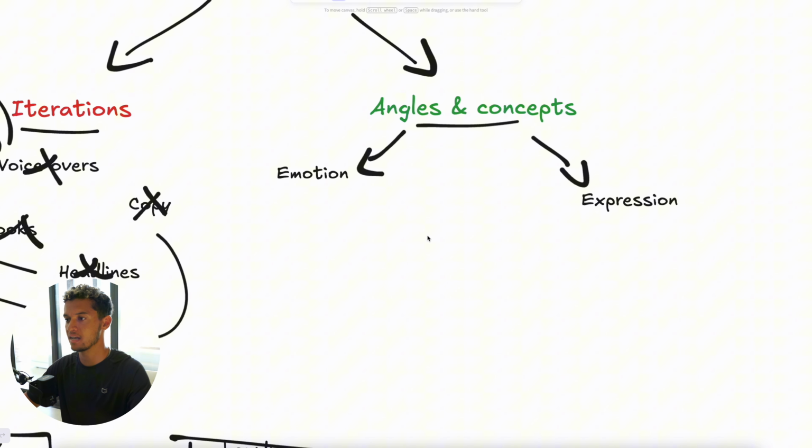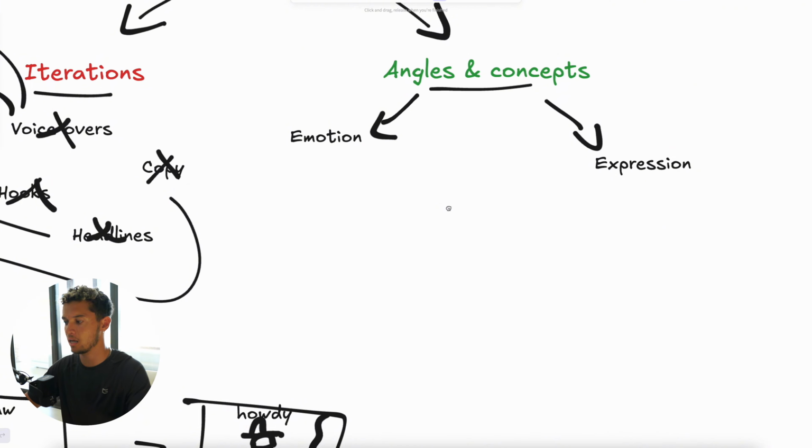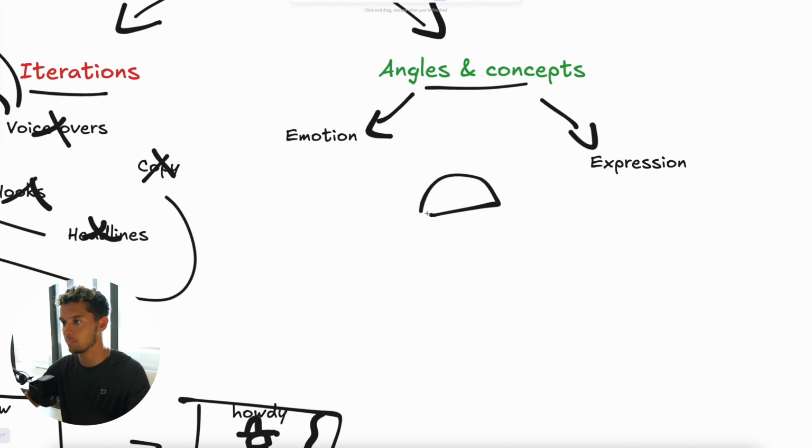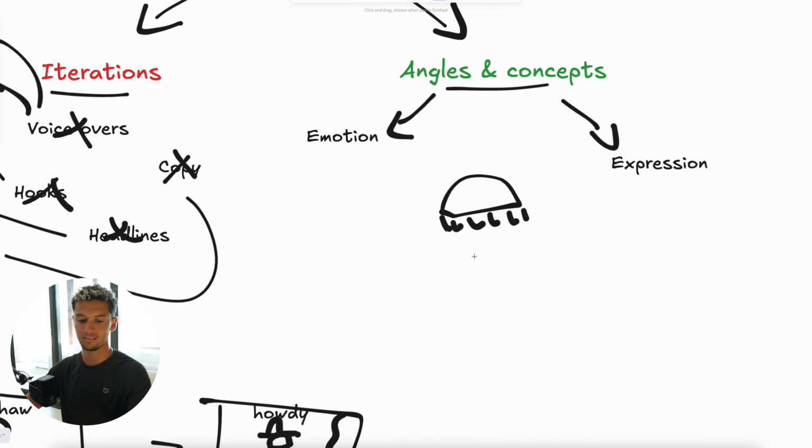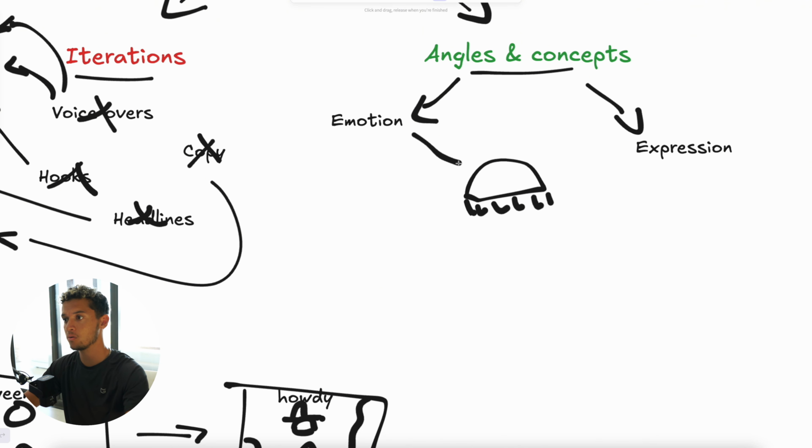So for an example, let's say you sell, which I always do this example, a brush for cats that makes sure that all the hairs that are falling out don't get on your clothes, they get on the brush. Very nice problem-solving product. So the emotion for this product would be getting rid of the hair. No hair on clothes.